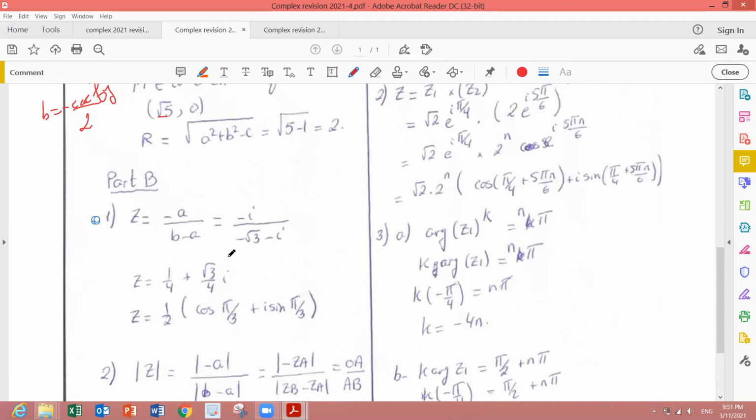By using the calculator, z equals 1 over 4 plus radical 3 over 4 I. Now, by using the calculator, we can calculate the modulus, which equals half, and the argument is pi over 3. So z equals half into cosine pi over 3 plus I sine pi over 3.